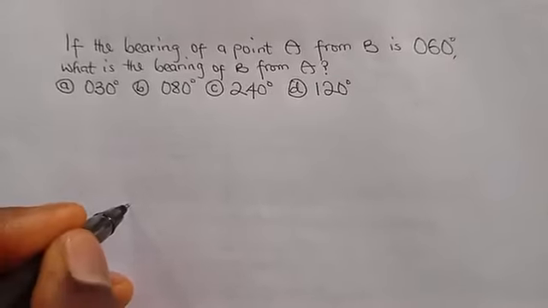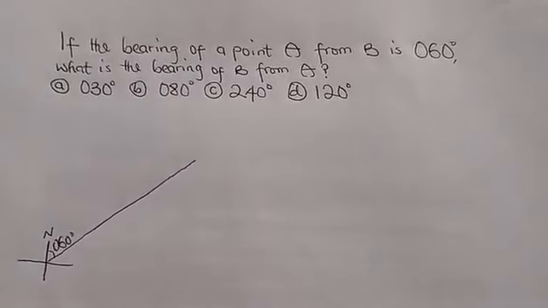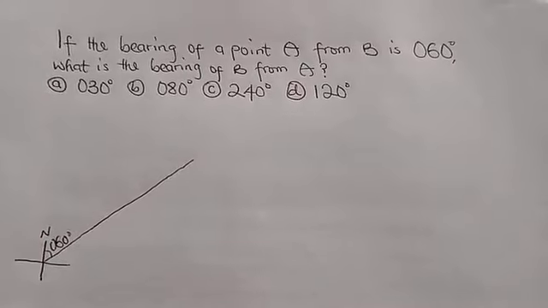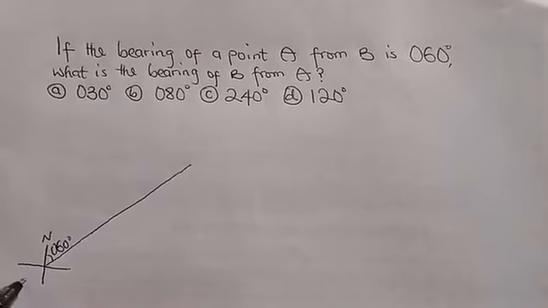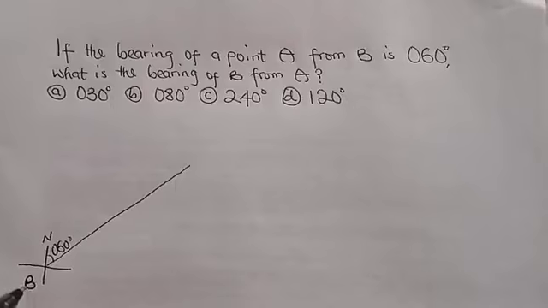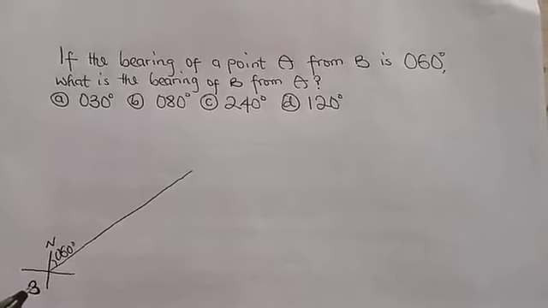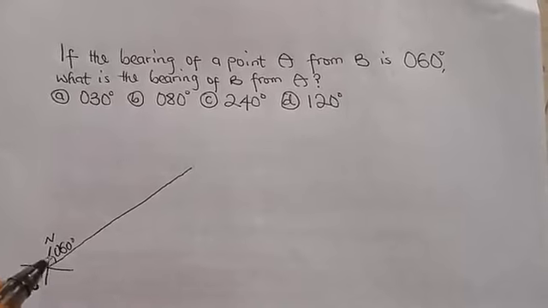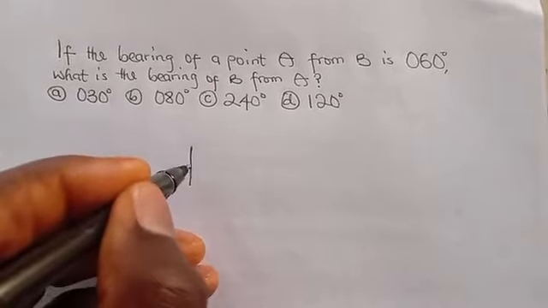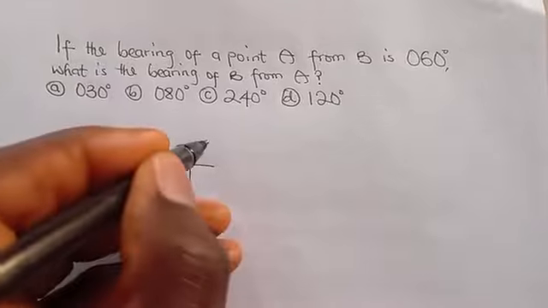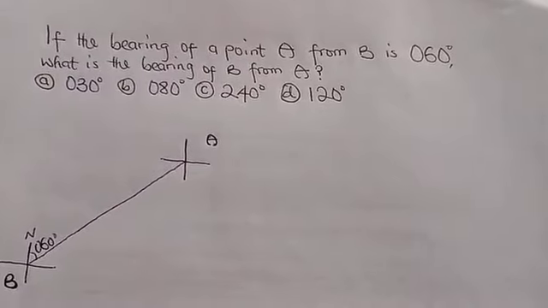So we're not given the distance. There are some questions that come with distance, like 12 kilometers as the case may be, the gap between the 2 points or the 2 towns. So if this is point B, because we are told that the bearing of a point A from B is 60 degrees, now at this point, we are at point A or town A, as the case may be.